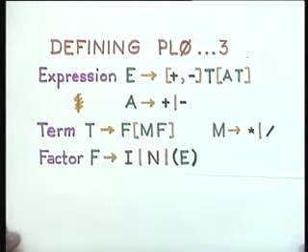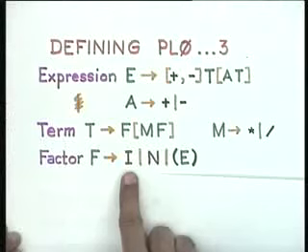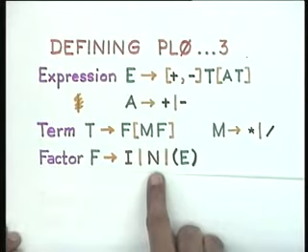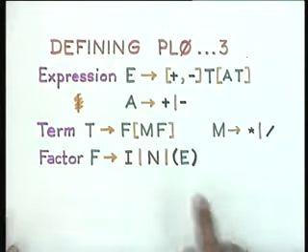A factor is anything regarded as a single unit. Either it's an identifier, which means that we are normally talking about variables or constants, or it's actually a number specified as part of the expression, or it's a whole expression in itself enclosed in parentheses, right?